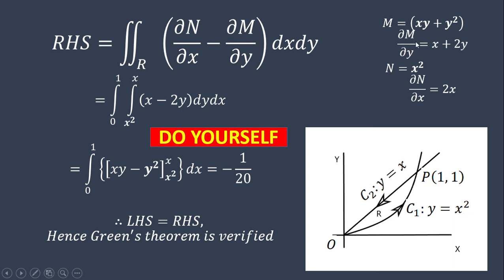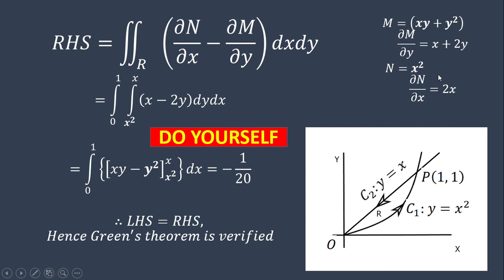This is partial differentiation, and when you do the differentiation with respect to y, x will be treated as constant. So you have del M del y as x plus 2y. Given that N is x square, similarly you find the partial derivative del N del x as 2x.